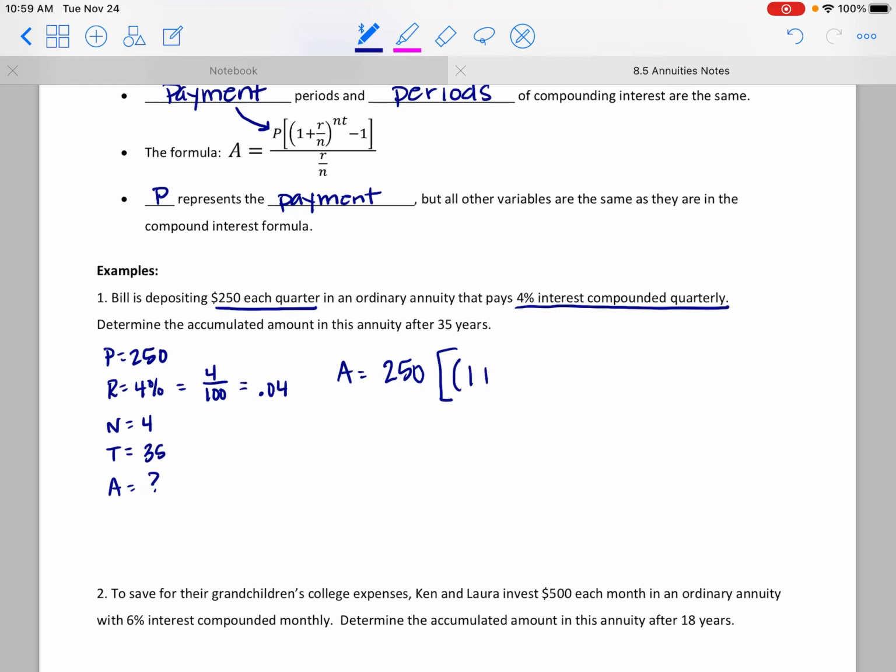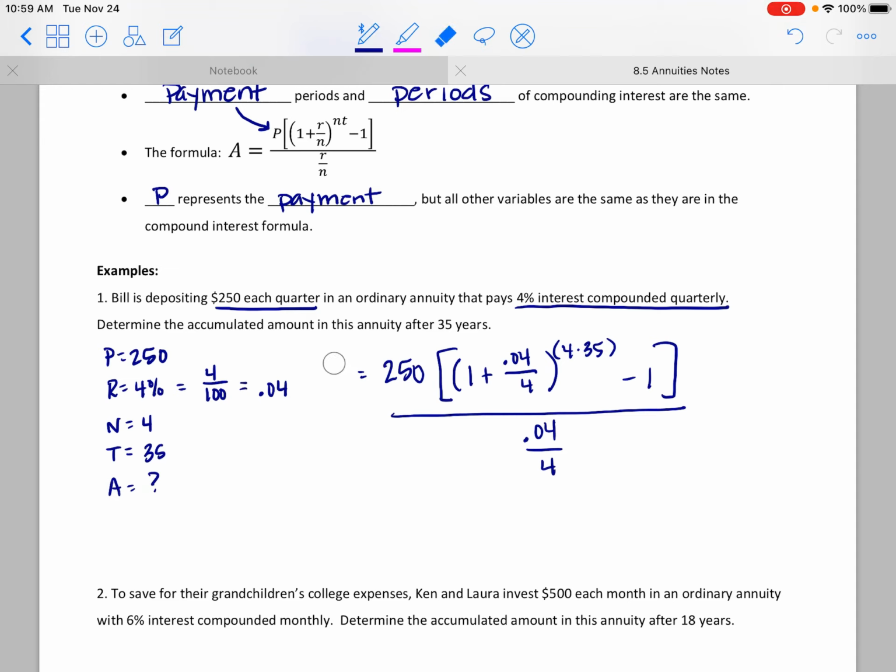So we've got 1 plus our rate of 0.04 over our N, which we said was 4, raised to the NT power, so 4 times 35 up here, and then we're going to subtract 1, close that bracket, and all of that is going to be divided by R over N, so 0.04 over 4.